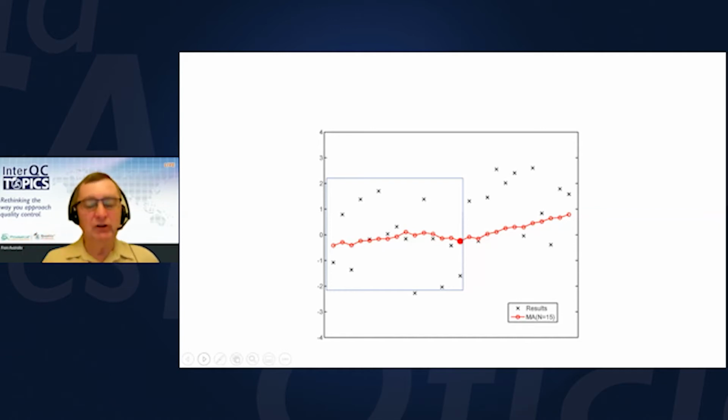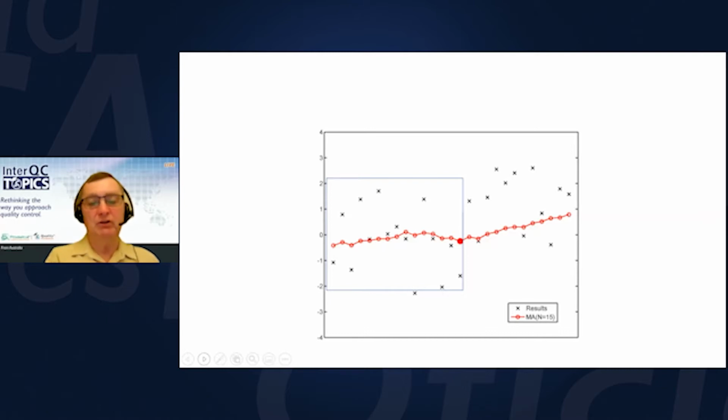On this graph, you can see a dotted line with a series of red circles and a red dot, and some black crosses. The black crosses represent the real results, say sodium. The moving line going up through the middle represents the average over the last 15 results.